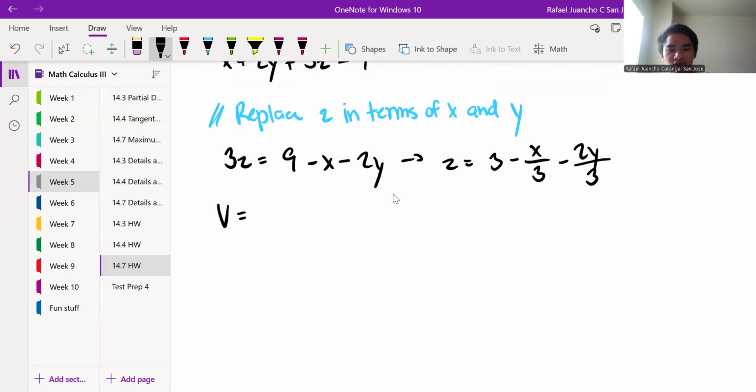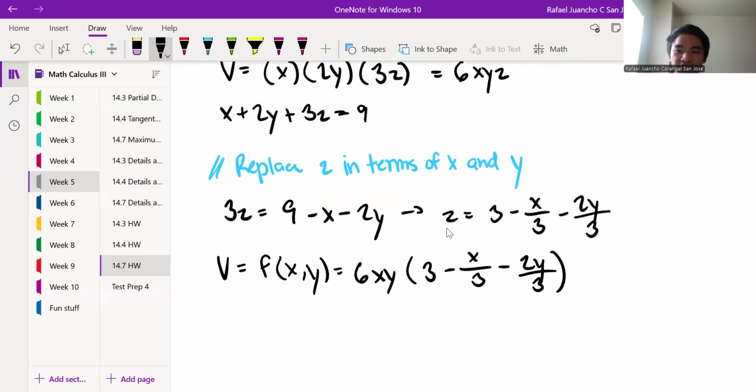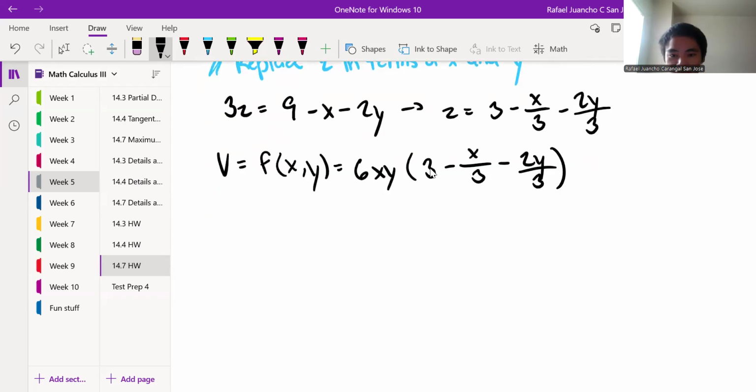So our volume is now a function of two variables. And we plug in z there. So we have 6xy. Oh no, it's not loading. And then my z is, in this case, 3 minus x over 3 minus 2y over 3. Right? Classic optimization problem. And then from there, we just multiply everything.